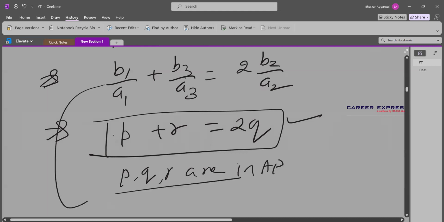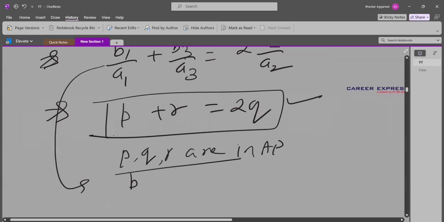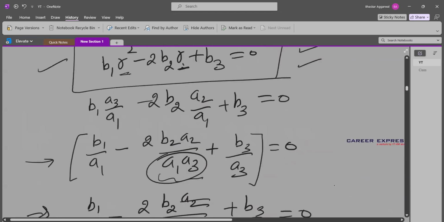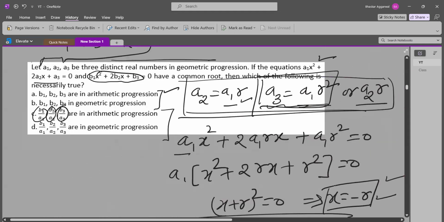Similarly, we can conclude here that b1 by a1, b2 by a2, b3 by a3 are in AP. If that is the conclusion, then the answer will be option C.